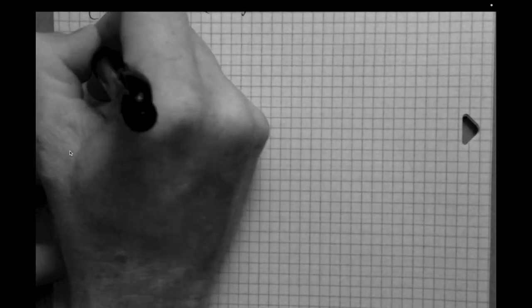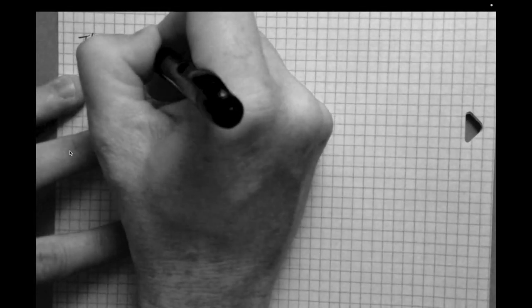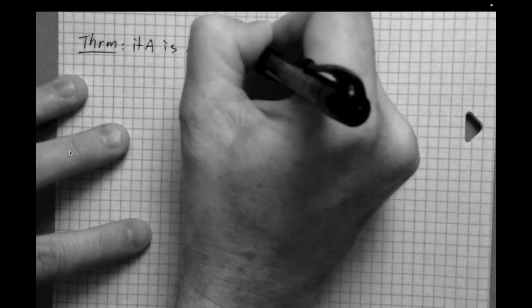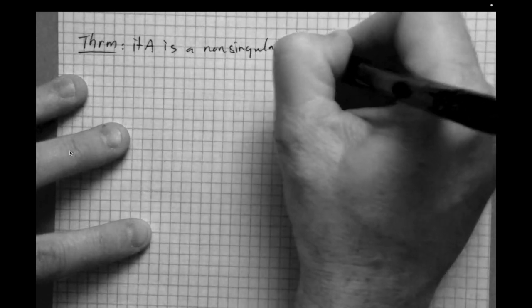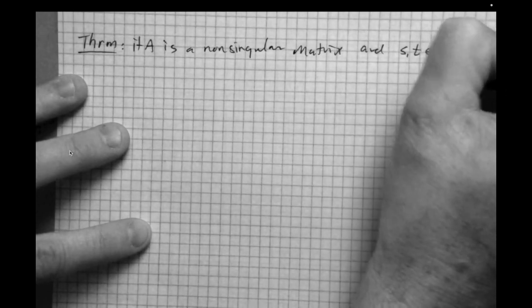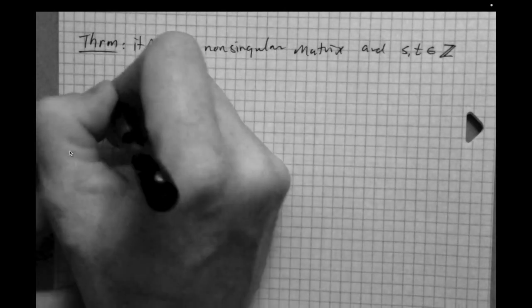We previously had a theorem about exponents on matrices where we were able to look only at positive integer exponents. Well, now we can extend that theorem to all integers, right? So here's the theorem. If A is a non-singular matrix and S and T are any integers, then two things.